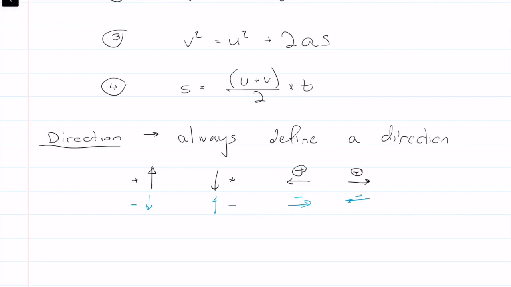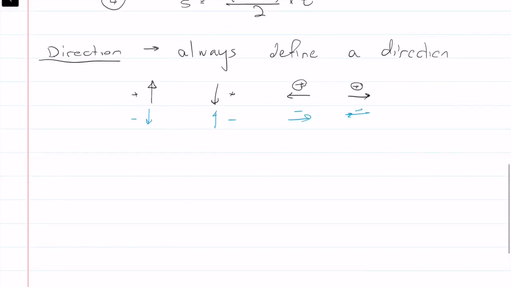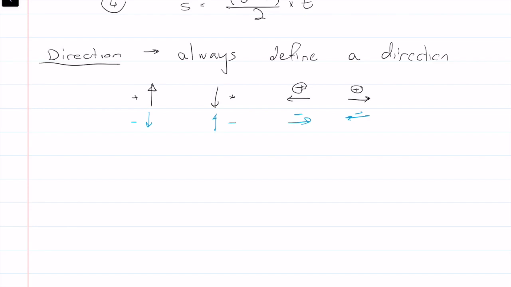It doesn't matter if you decide up is positive and you end up with negative answers. It just gives you a direction and makes sure that everything adds up in the end. So it's important to define directions upfront when doing these questions, and we'll see that when we start getting into some questions.